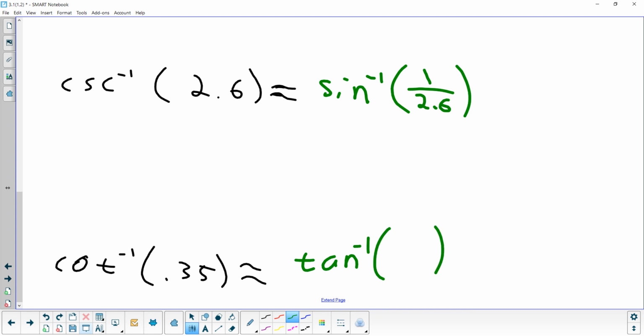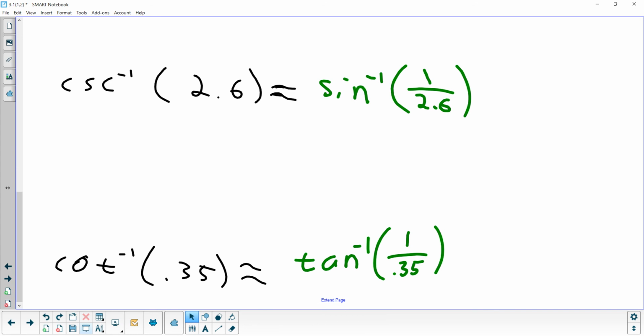What happens to the 0.35? Pete? Use the reciprocal, which is 1 over 0.35. Good, perfect. And then you just type that in. So not too bad. Once you see the pattern, you just replace the trig function and then you flip the number. That's all you have to do. It is an extra step, but it's not too bad.